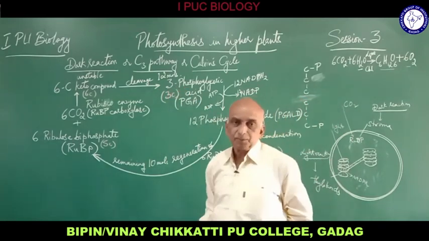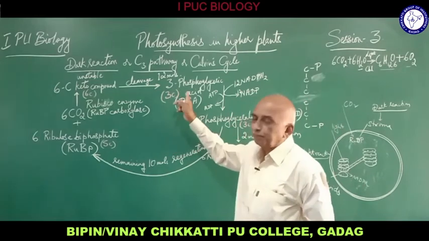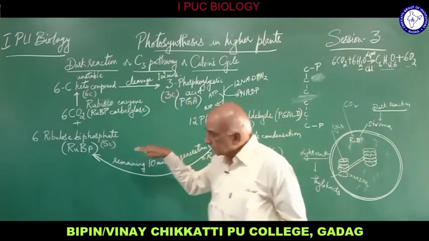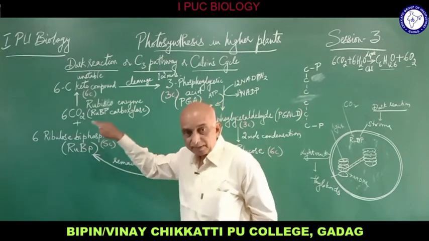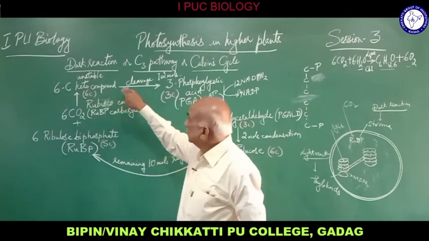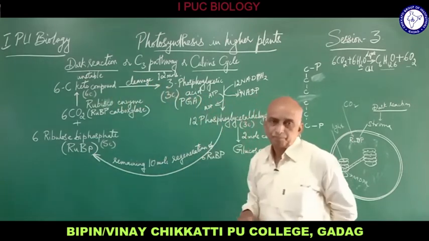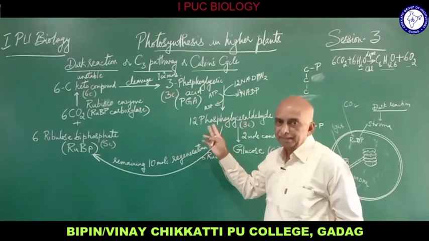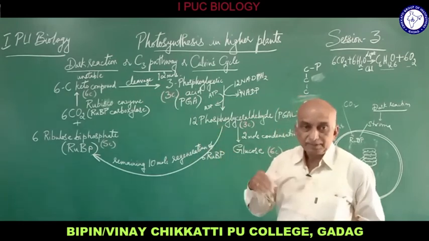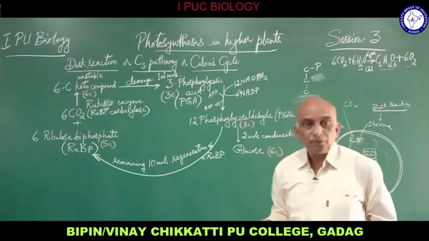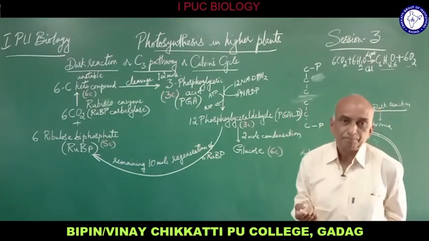Now 2 molecules of PGA are formed. So 1 RuBP and 1 CO2 form 2 PGA. Similarly, 6 RuBP and 6 CO2 will enter the reaction to form 12 PGA.